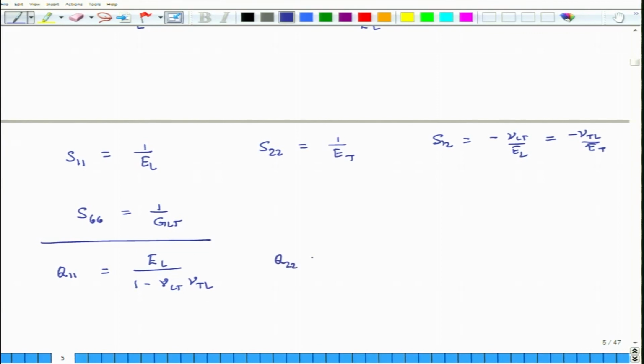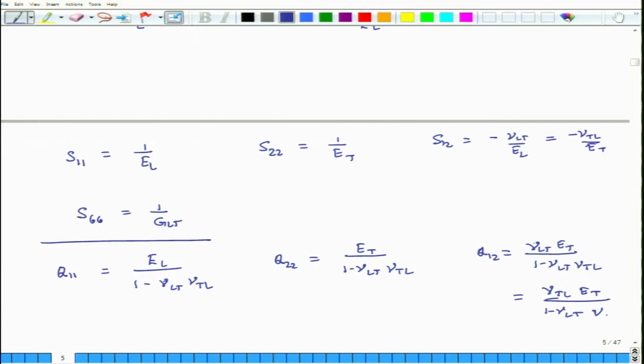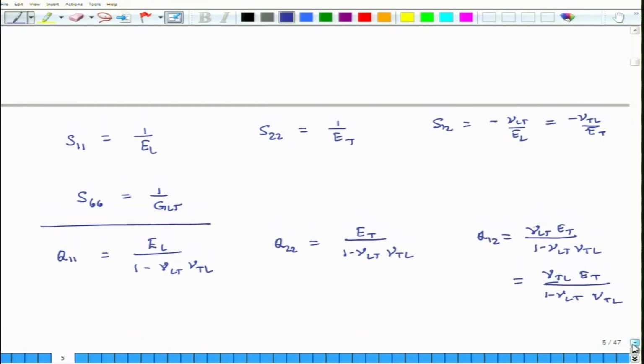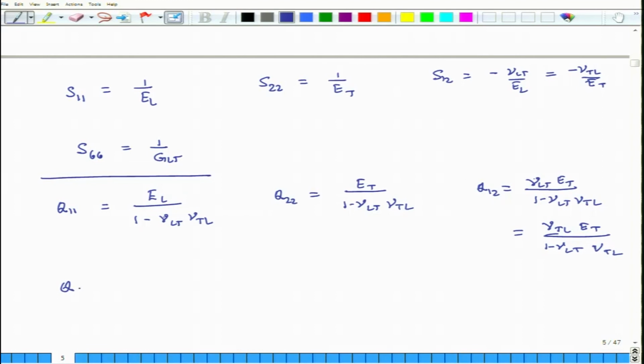Q22 equals ET divided by 1 minus nu LT nu TL, and Q12 equals nu LT ET divided by 1 minus nu LT nu TL, and you can also write it as nu TL ET divided by 1 minus nu LT nu TL, and finally Q66 equals GLT.